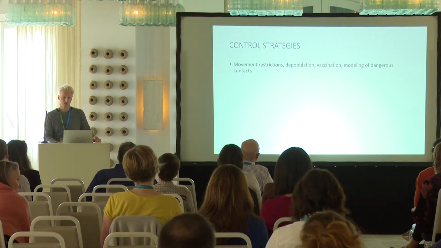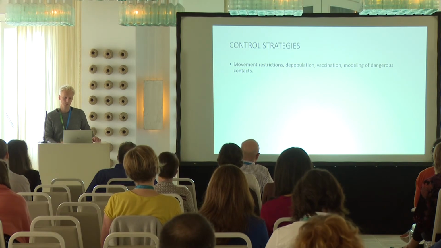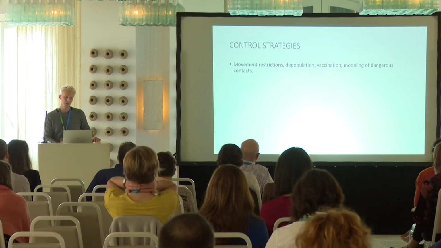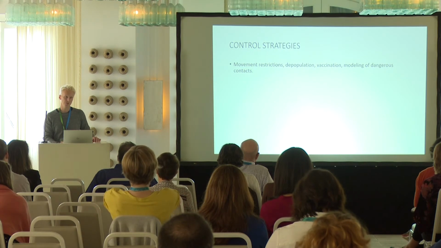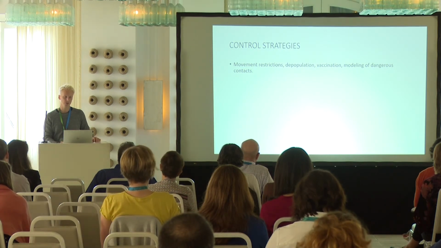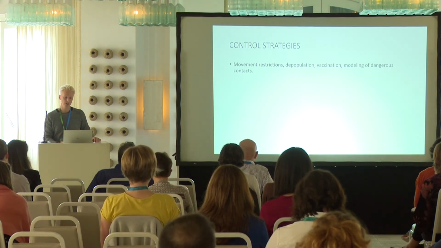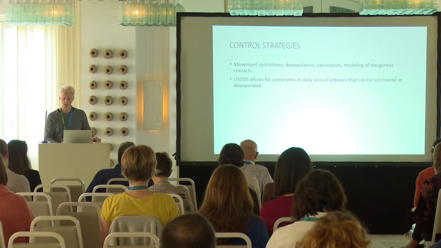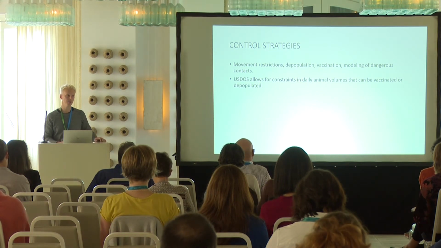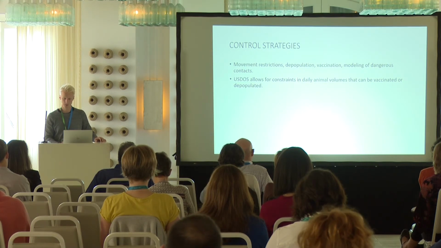So for control strategies, we have in the model the possibility to include movement restrictions, depopulation, that is culling, vaccination, and we also model dangerous contacts through the model. So US-DOS allows us to add constraints for these different control strategies as well.